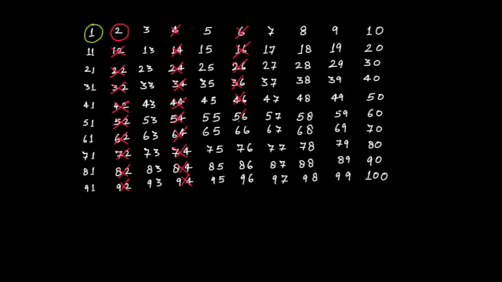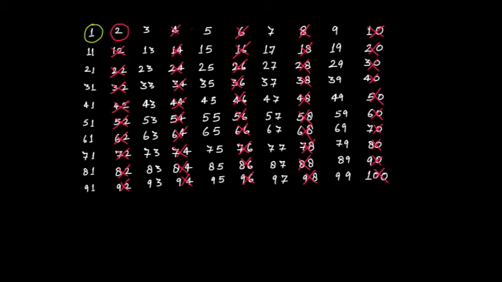You just go on crossing all those numbers which have 0, 2, 4, 6 or 8 at the units place. All these numbers which have been crossed are not prime numbers because they will have more than 2 factors.